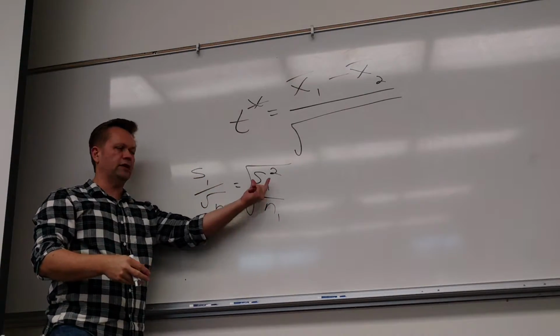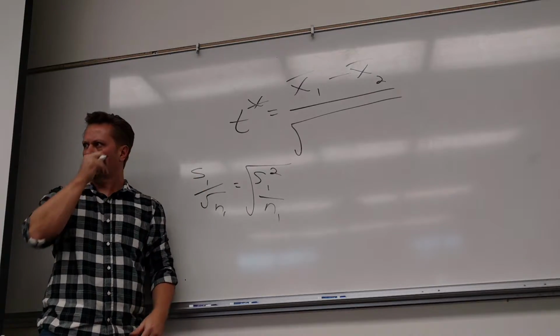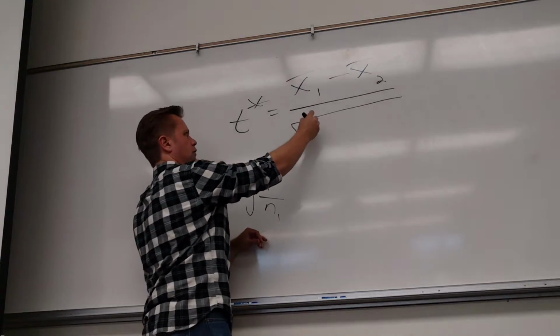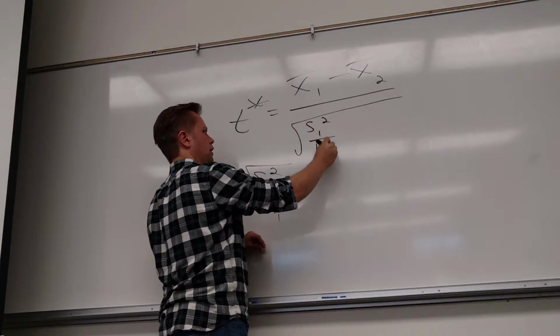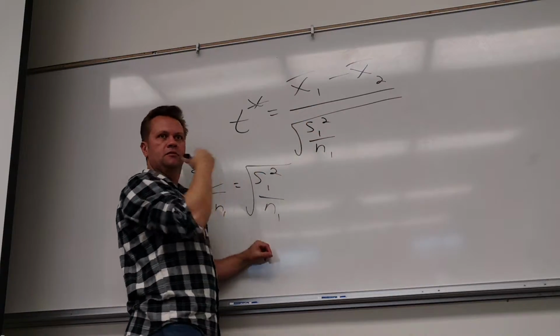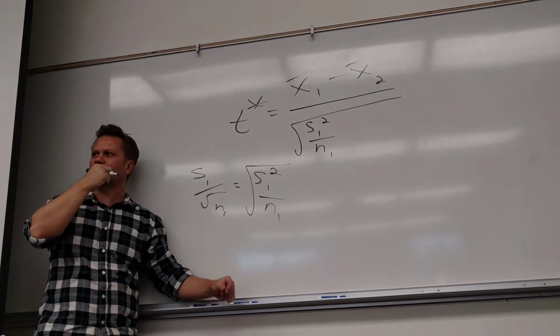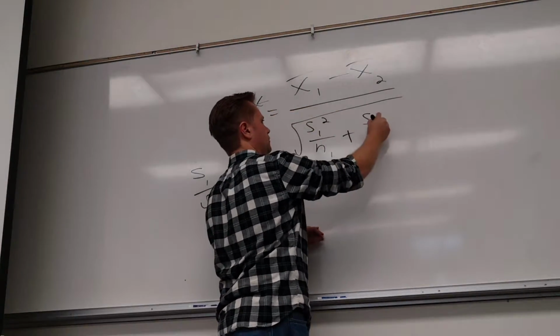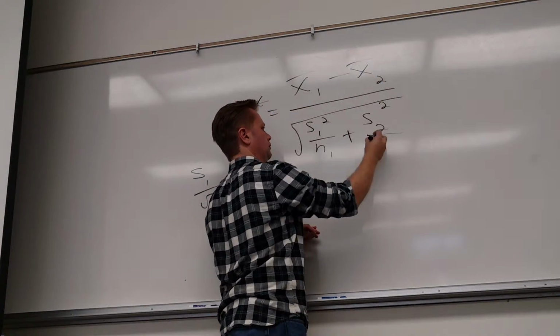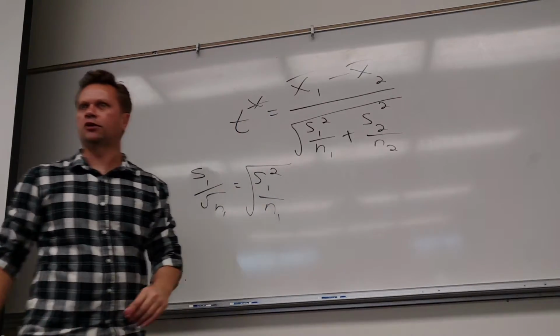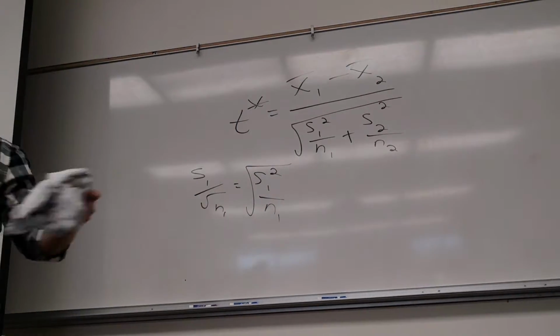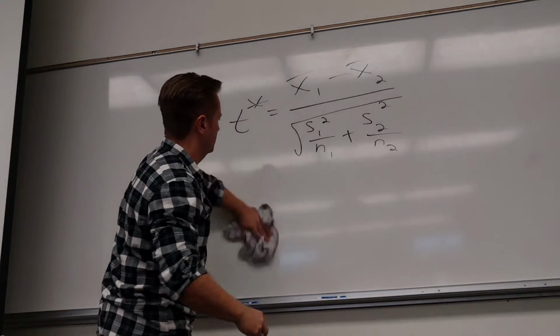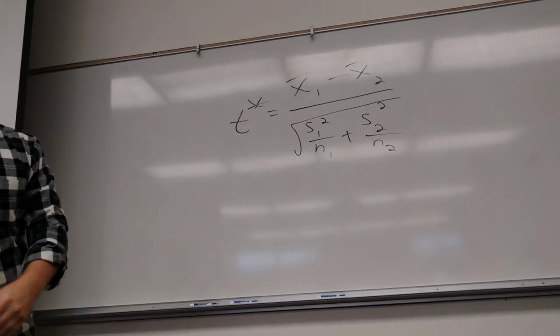You can't have a negative variance, right? So what we do is we have one variance for one group, that could be duck pond 1, plus we can have a variance for duck pond 2. So that's what it looks like.